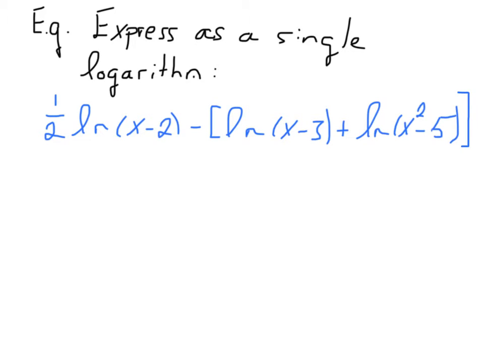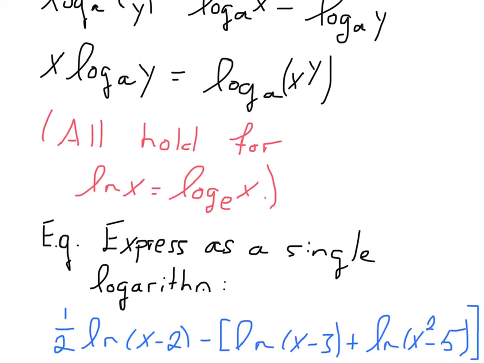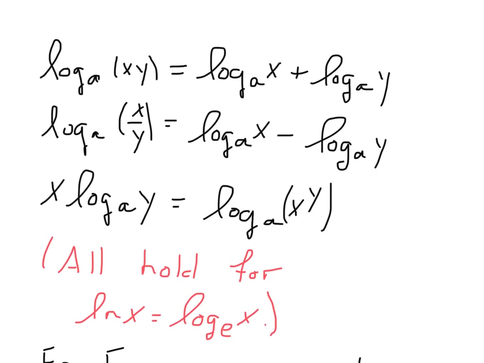So there it is. Okay, well, to do this, we're going to use some of the properties of logarithms that we discussed in class, namely these three that we see here. The first says that the log of a product is equal to the sum of the logs. The second one says that the log of a quotient is the difference of the logs.